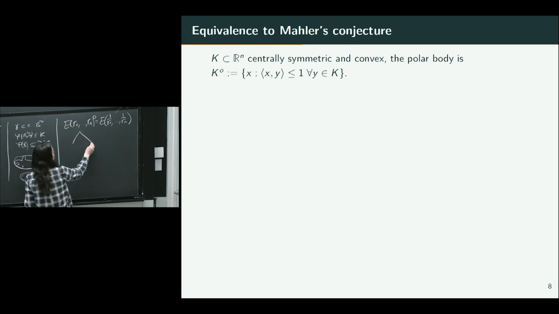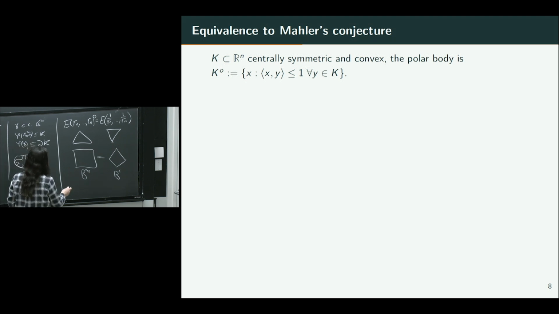And let's say the dual of a simplex would be a simplex, but the dual of the cube would be the cross polytope, so the L1 ball, the unit ball.